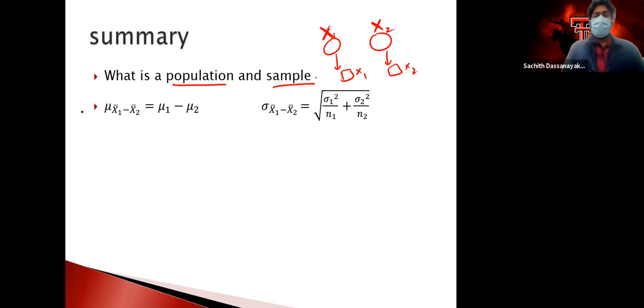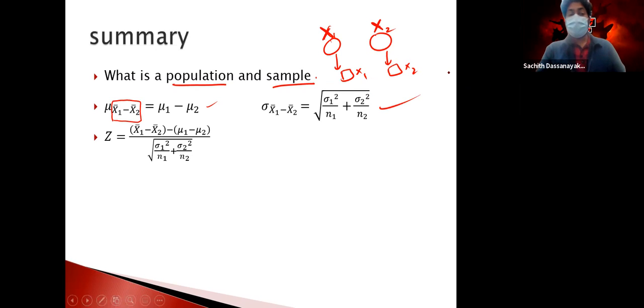The mean of x1 bar minus x2 bar is this one. Remember that we are interested in x1 bar minus x2 bar, the sample mean difference, not just x1 and x2. So their standard deviation you can find like this.